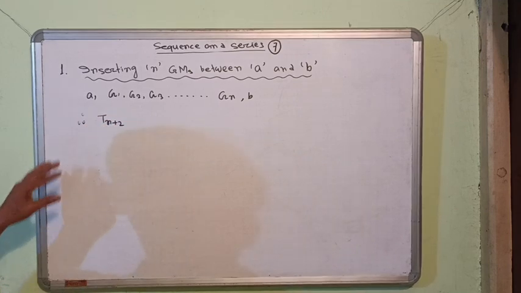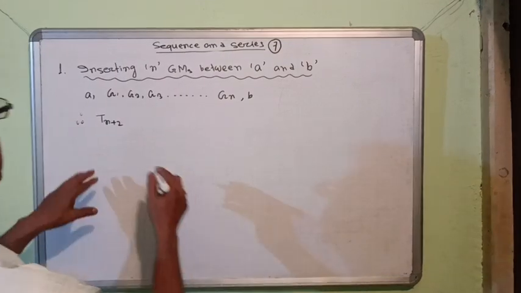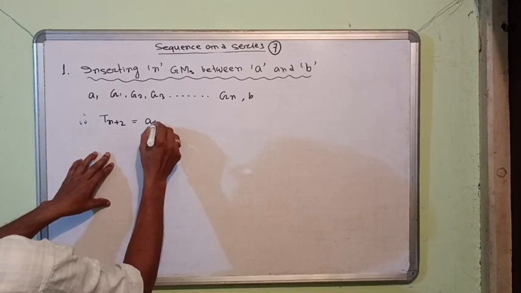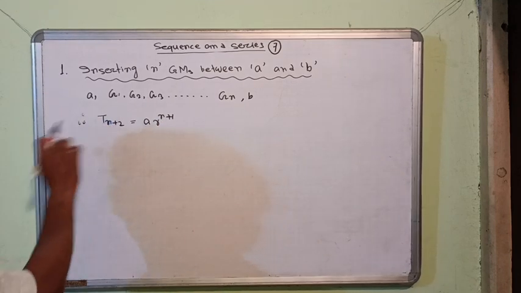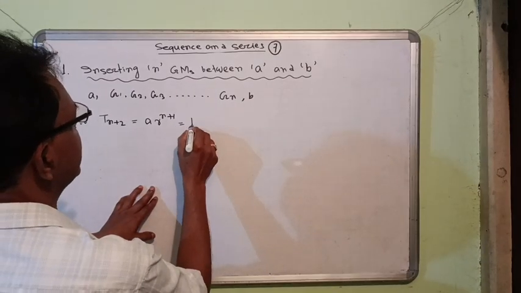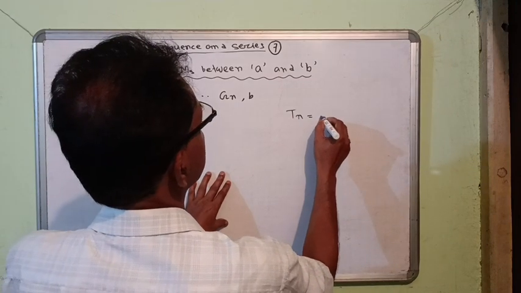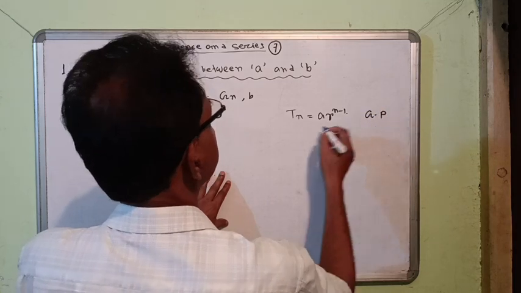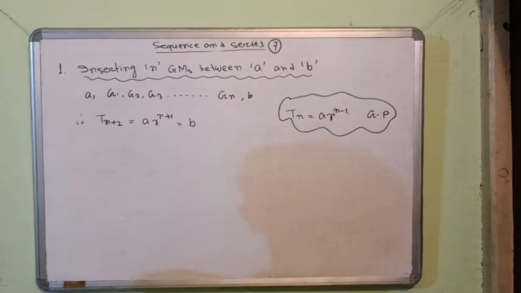The n plus 2th term of the GP is, by formula, A into R to the power n plus 1, since it is n plus 2, and this is equal to the given B. We know Tn is equal to A into R to the power n minus 1 in GP, that is the nth term of a GP.